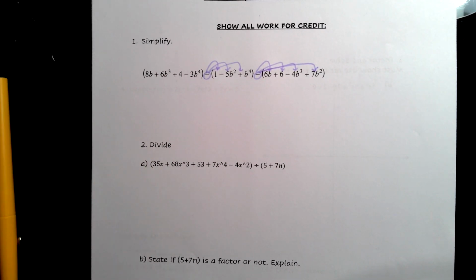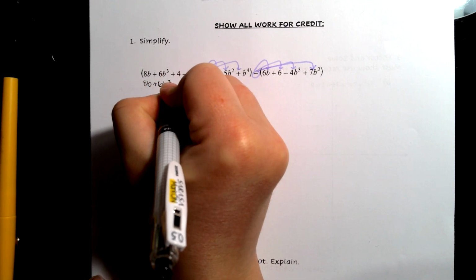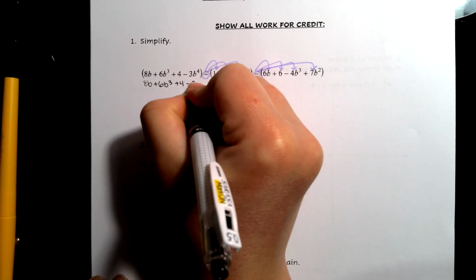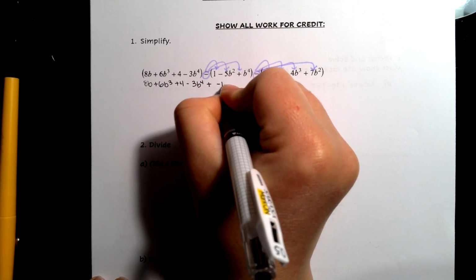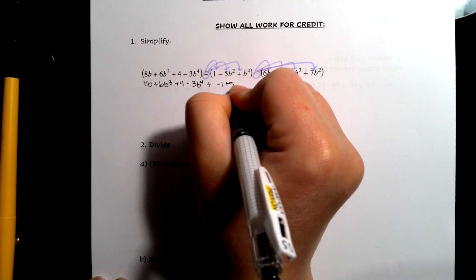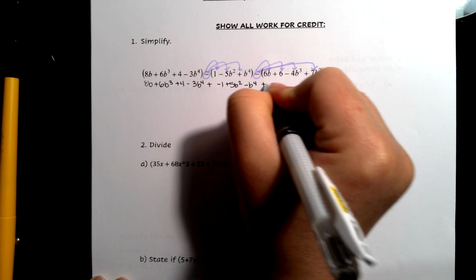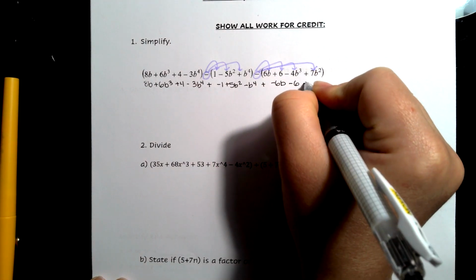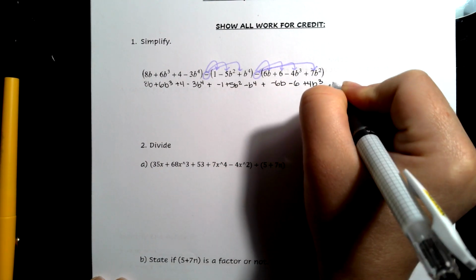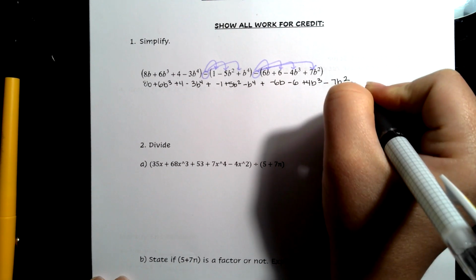So what we have here is 8b plus 6b cubed plus 4 minus 3b to the fourth, and negative 1 positive 5b squared negative b to the fourth, and negative 6b negative 6 positive 4b cubed and a negative 7b squared.